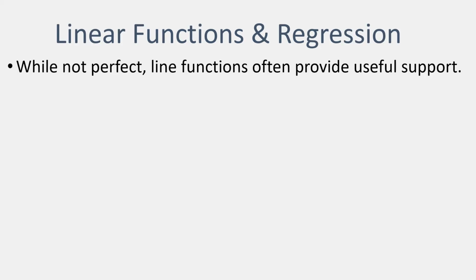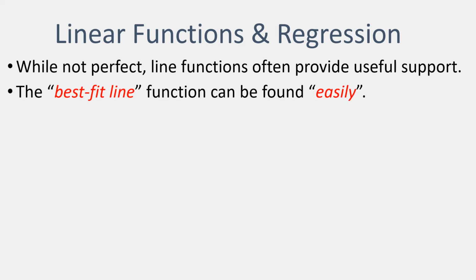Well, we met line functions on a number of occasions in the past. They are not ideal in terms of the outcomes that we will see as approximations, but they very often provide strong support for a particular claim. The other advantage that line functions have is we can find the best fit line function in the sense that I had on the previous slide.